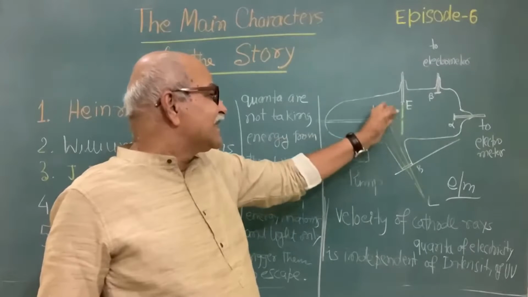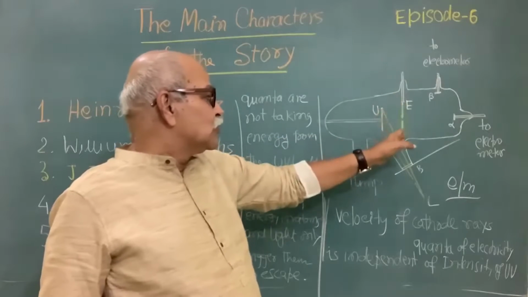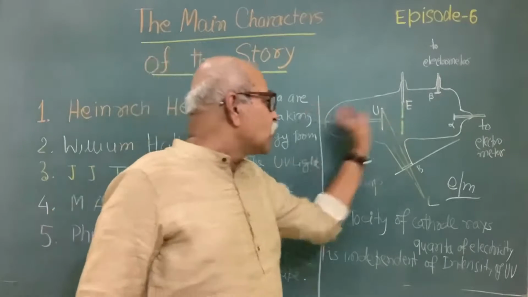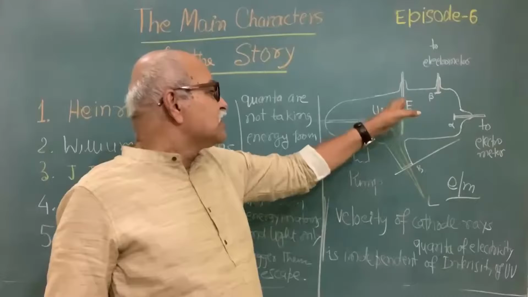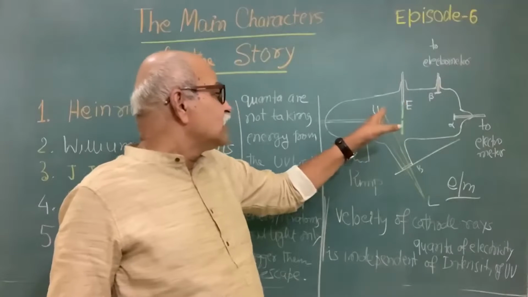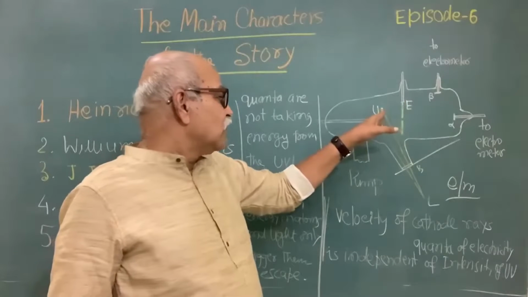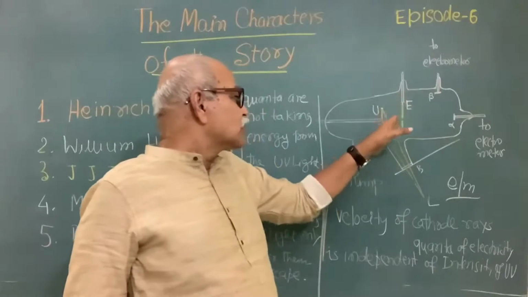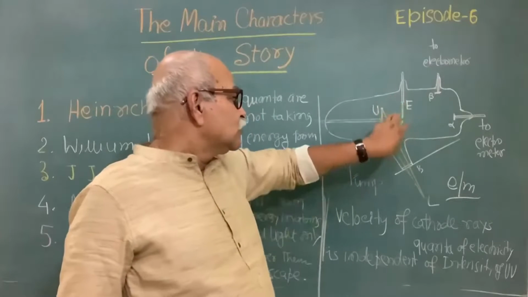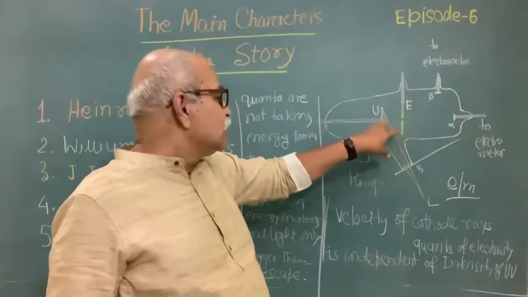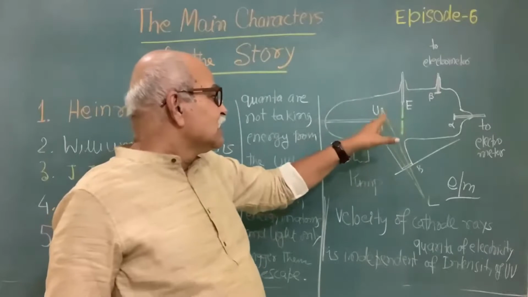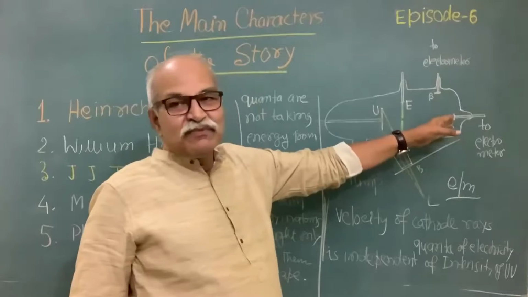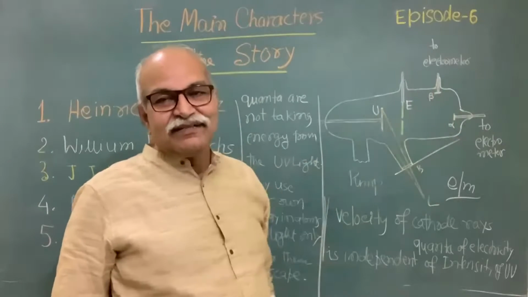Some will go in straight directions. But if you do have some kind of positive potential, then it draws them. And if it is sufficiently high, then all the quanta which are emitted go through. They are of course blocked here and there, but there is no side going in this side or that side and so on. They are all streamed in a direction, so you get a maximum current, so that saturation current is there.